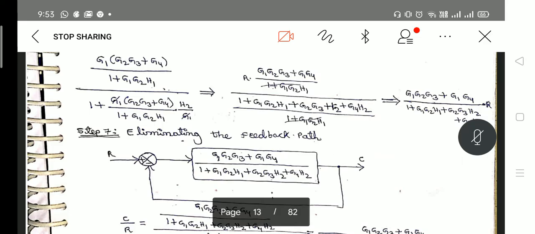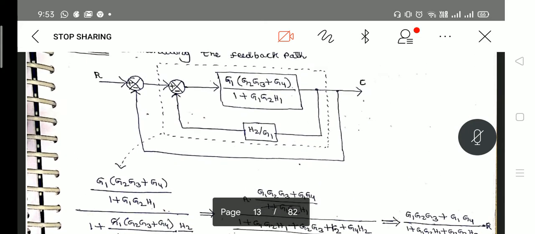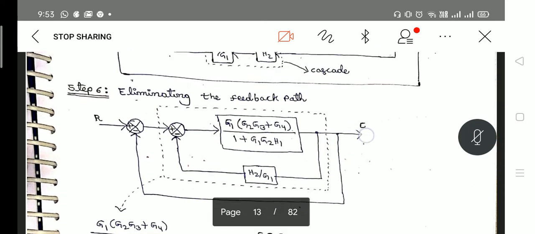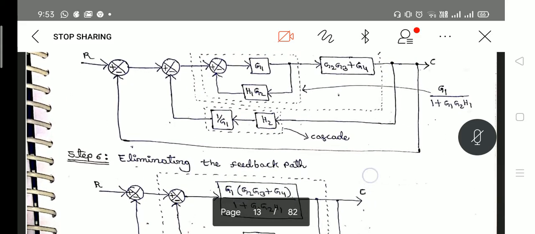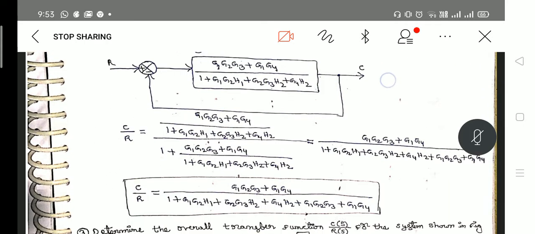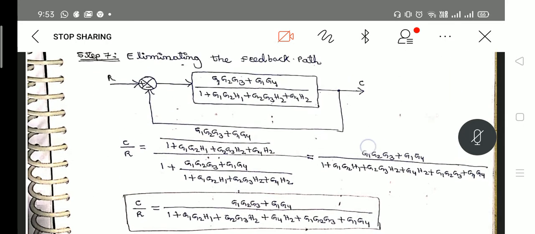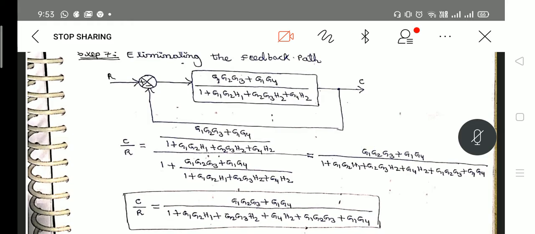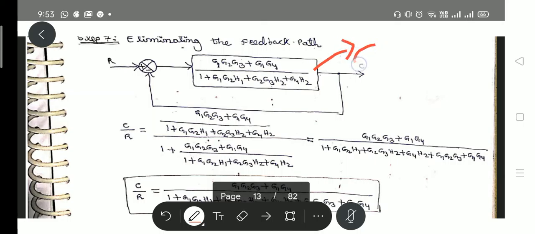Okay, again we have to eliminate the feedback loop here. One more summing point is there here, a negative feedback loop is there. So we are eliminating once again. So we will get this is the G, H is 1 here.